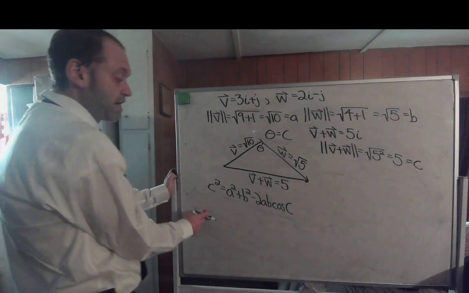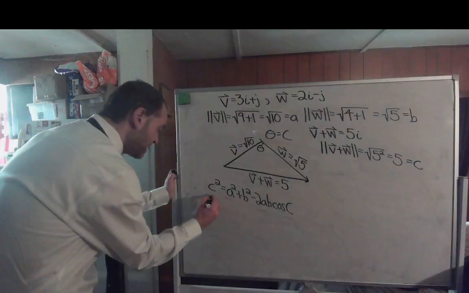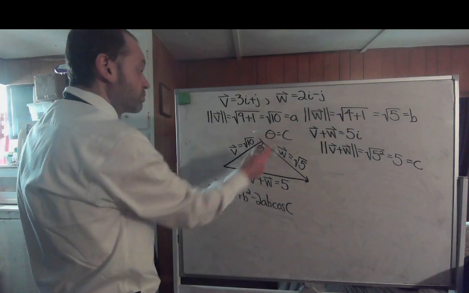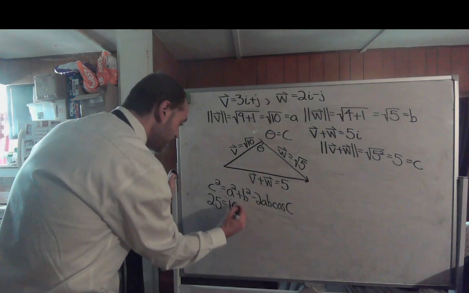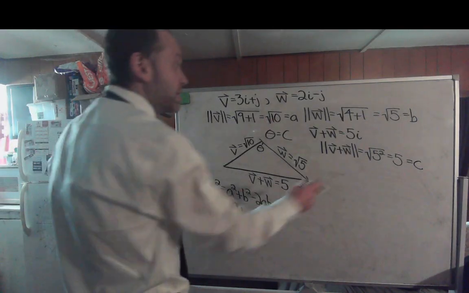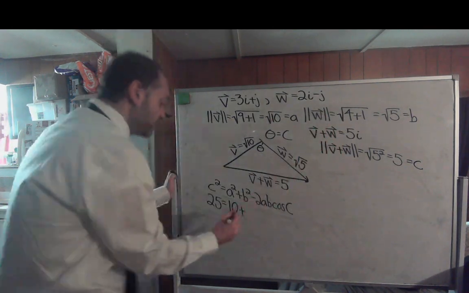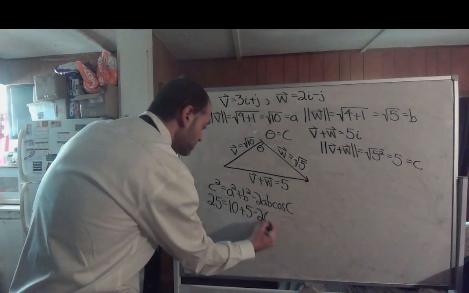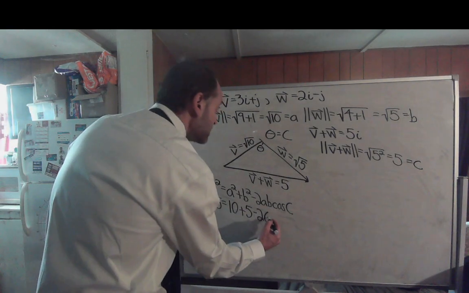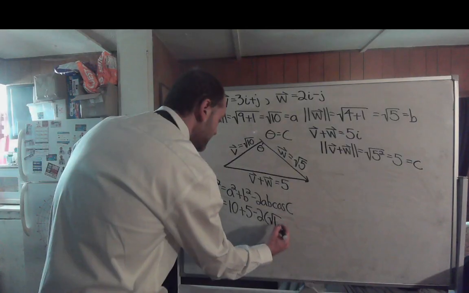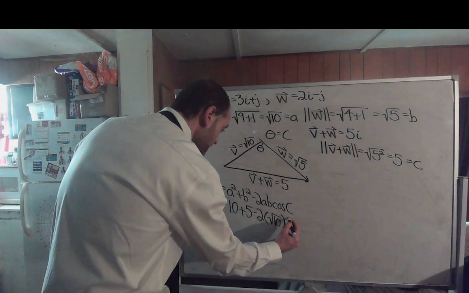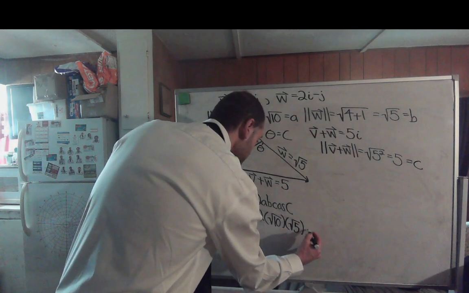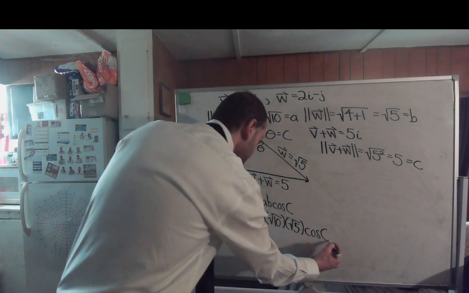So c squared, which in this case is going to be 25, equals a squared, which is the square root of 10 squared, that'd just be 10, plus b squared, which is the square root of 5 squared, that'd just be plus 5, minus 2 times a, which is the square root of 10, times b, which is the square root of 5, times the cosine of c.